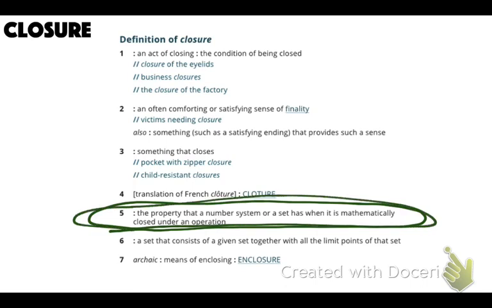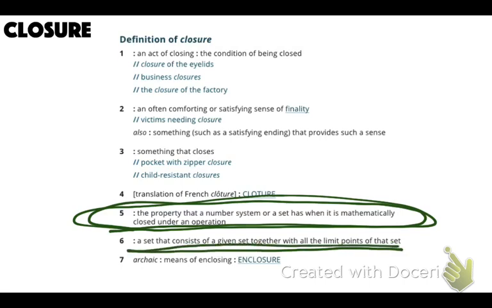That's what I've noticed about a lot of things in math, is that if you look at other meanings of the words in different contexts, they kind of somehow mean the same thing, okay? Or this one, a set that consists of a given set together with all the limit points of that set.